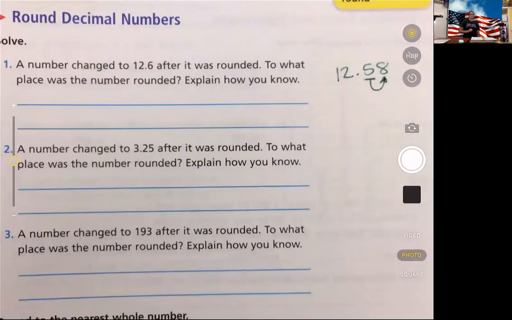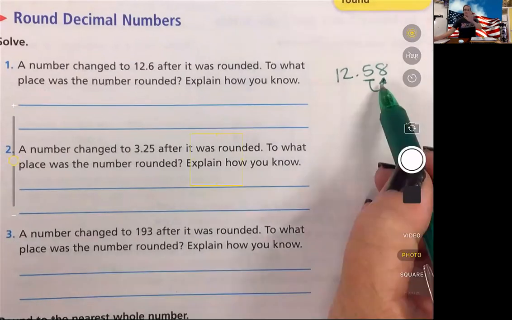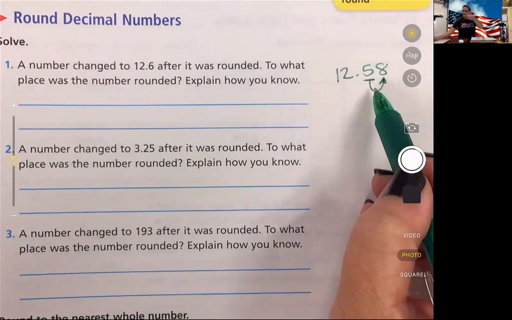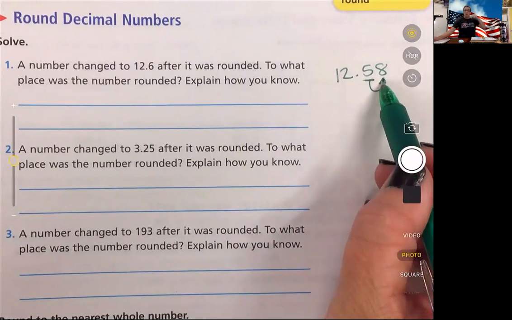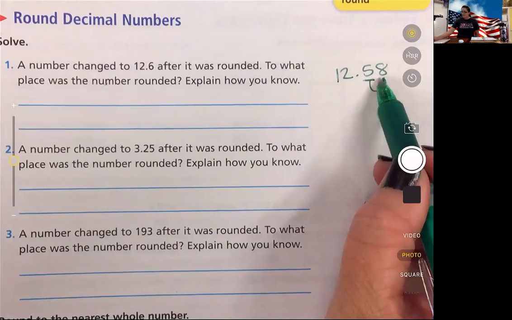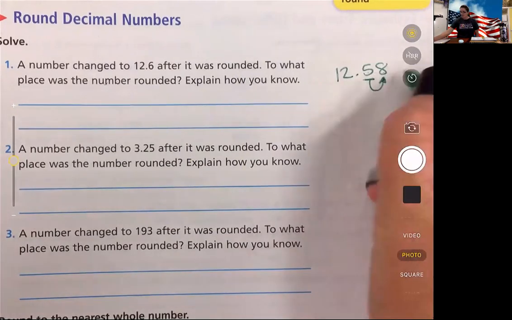What is that 8 going to do to the 5? It's going to round it up to 60. It's going to make that 5 become a 6. Yes, because remember, if the number behind is 5 or greater, it makes this number go up. If it's 4 or lower, it stays the same. But this 8 is going to make the 5 become a 6.